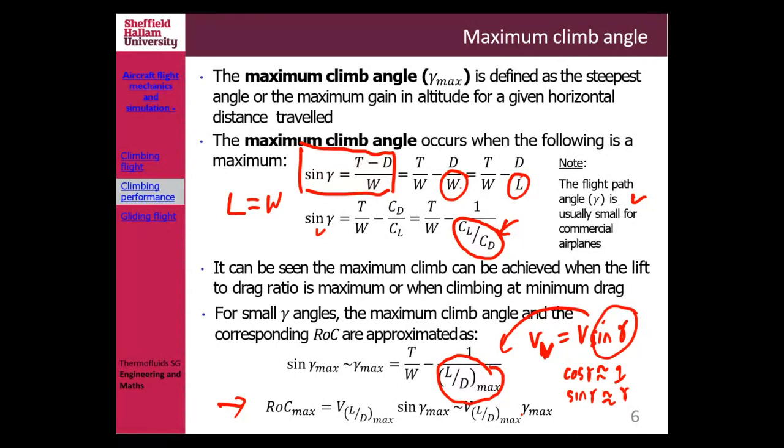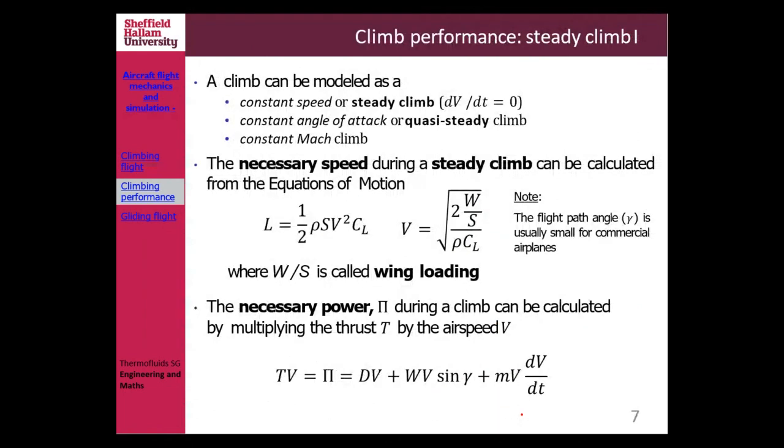There are two types of climb. Obviously, we have already discussed that. The first one is what we call steady climb, where dV/dt equals 0, which means there's no acceleration. So we look at that as constant speed, or steady climb.